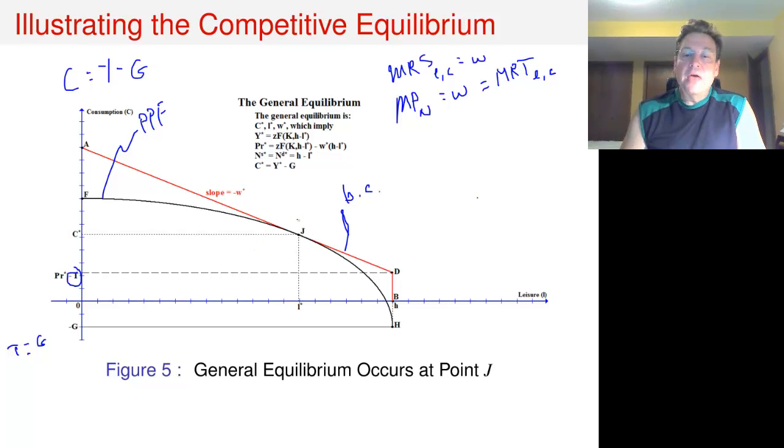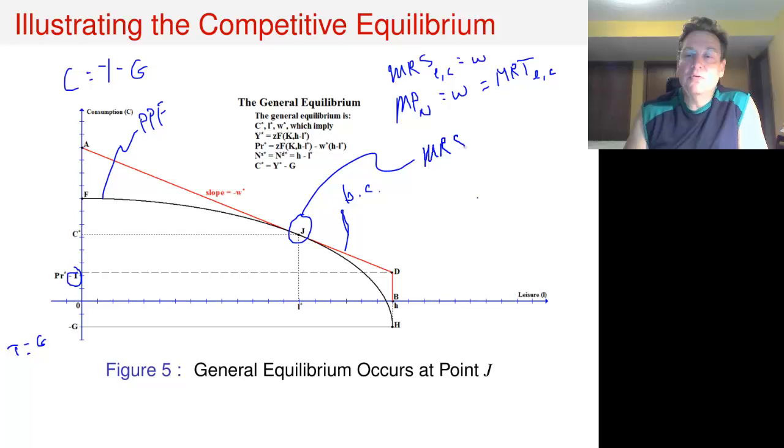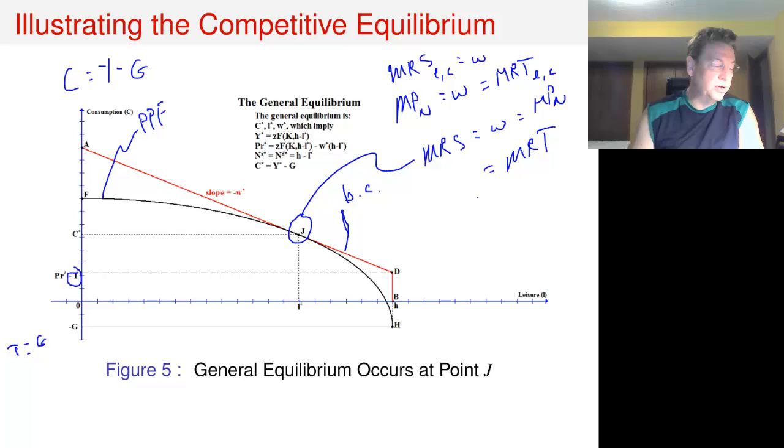In summary, then, what's happening at this point J is this pretty cool confluence of things. At point J, we have that the marginal rate of substitution equals the wage, which equals the marginal product of labor, which equals the marginal rate of transformation.